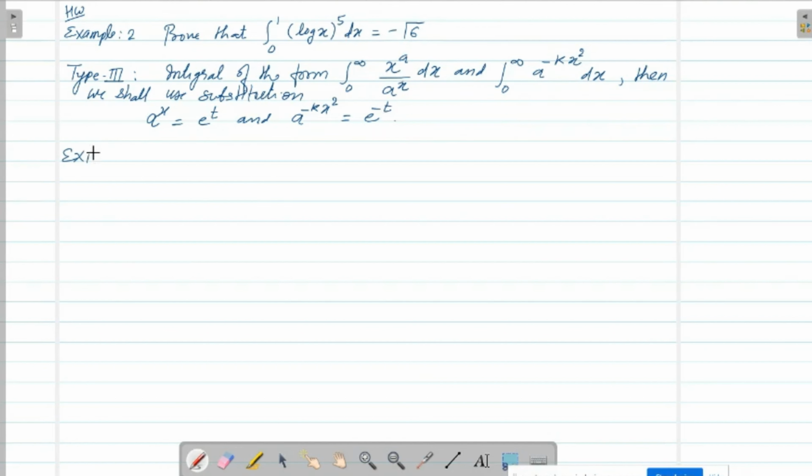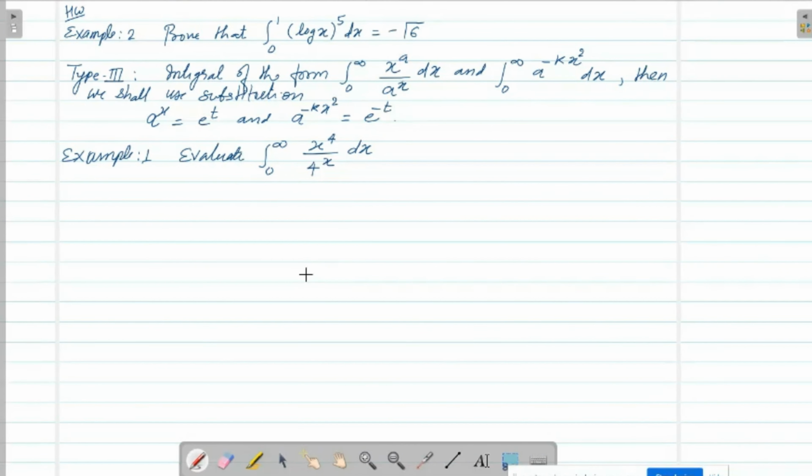Example number 1. Evaluate the integral of limit 0 to infinity x raised to 4 divided by 4 raised to x dx.